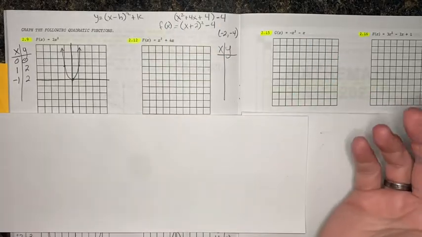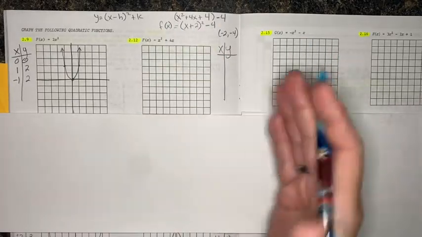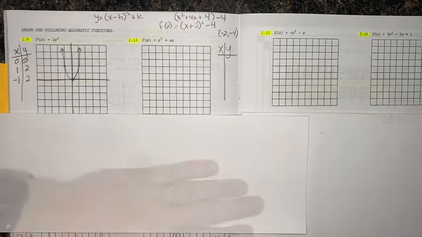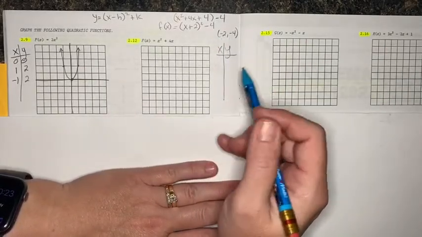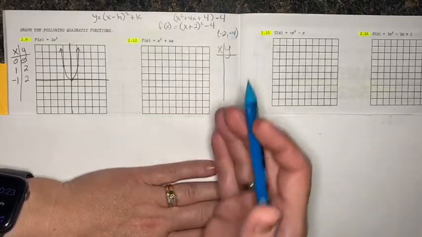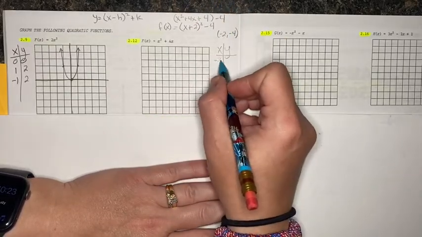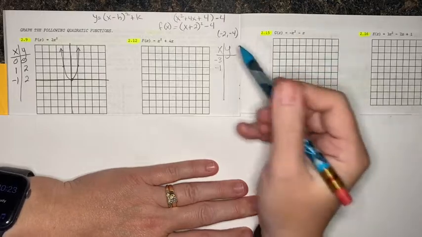So what are my other points? What other numbers can I use here? Well, my vertex is at x of -2, right? So I want to go to either side of that, which is going to be a -3 or a -1.